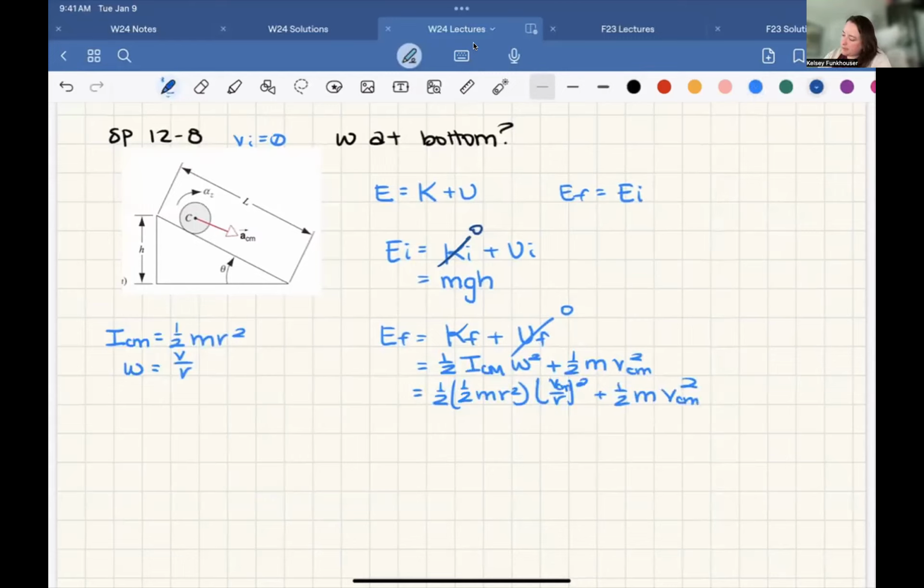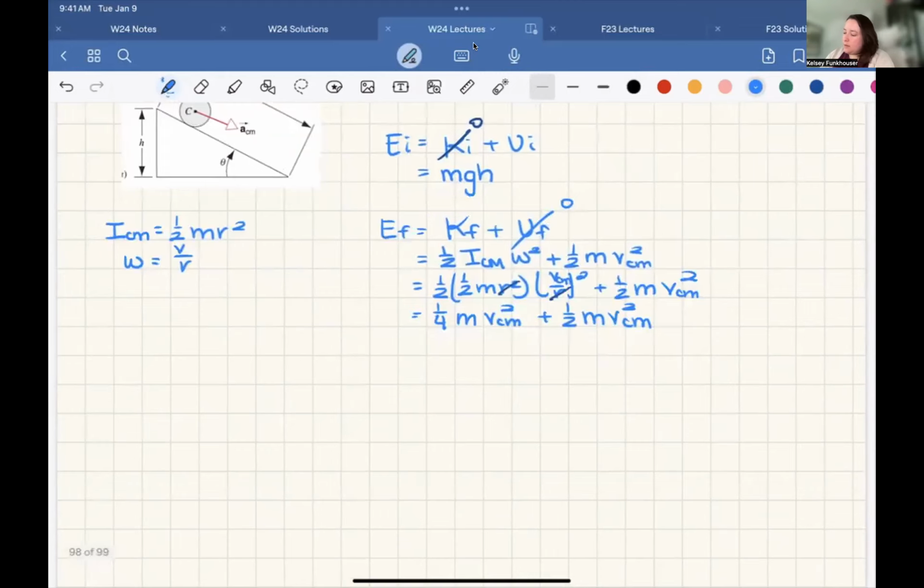So we get some stuff that cancels. The radius squared cancels. Okay, that's all that cancels. And we end up with 1/4 m v_cm squared plus 1/2 m v_cm squared. And we can combine those. And we get 3/4 m v center of mass squared.